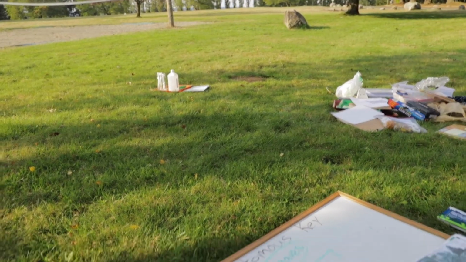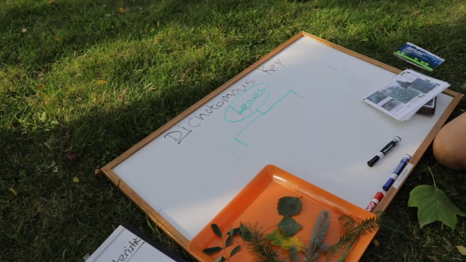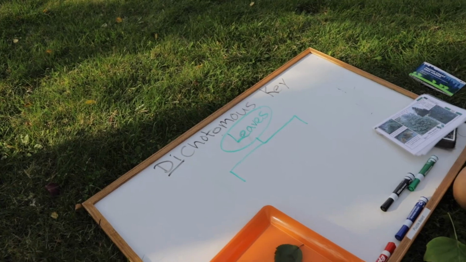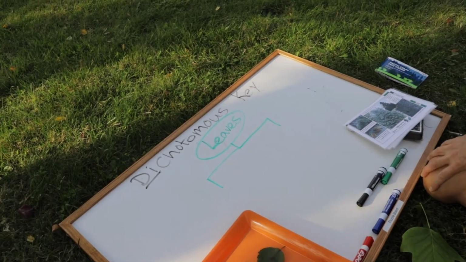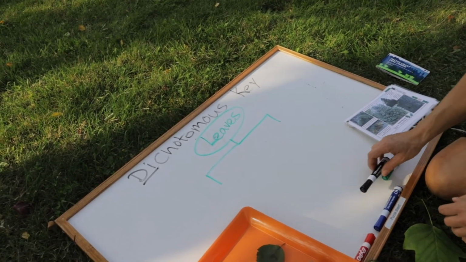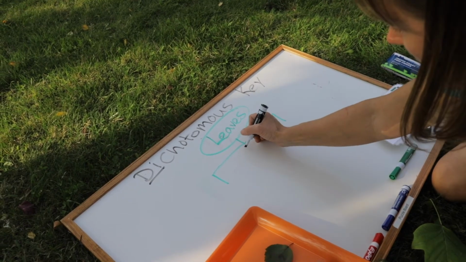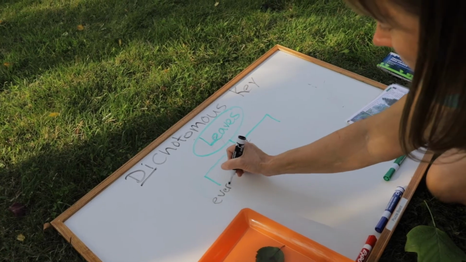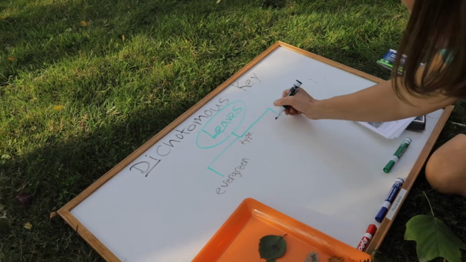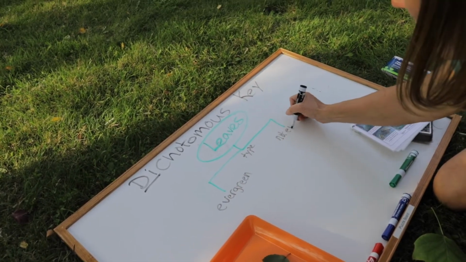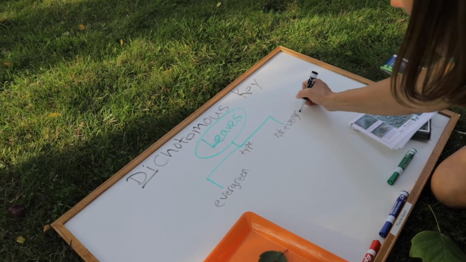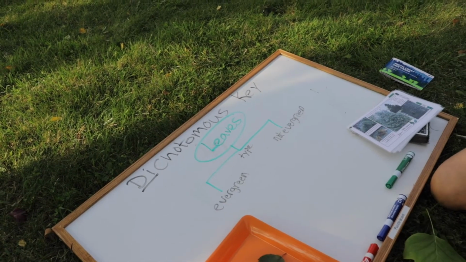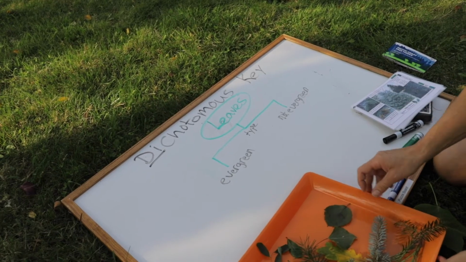Almost every dichotomous key for a tree starts with the number one question: is it an evergreen or is it a deciduous tree? So I'm going to write the type here, and it's evergreen, and I'm just going to say not evergreen. If it's not evergreen, it's a deciduous, but you'll see why I'm saying not. It makes it simple. So let's take our leaves and sort them.